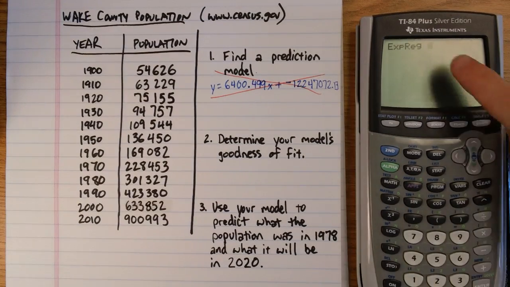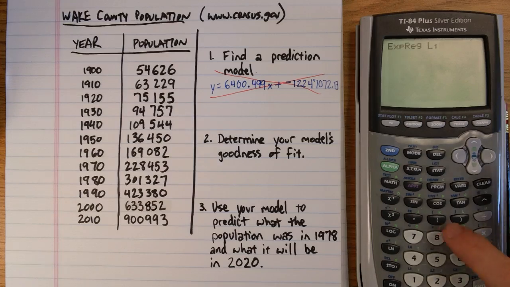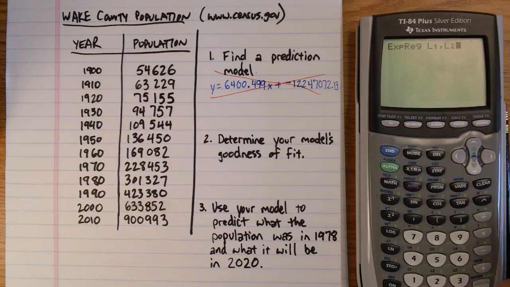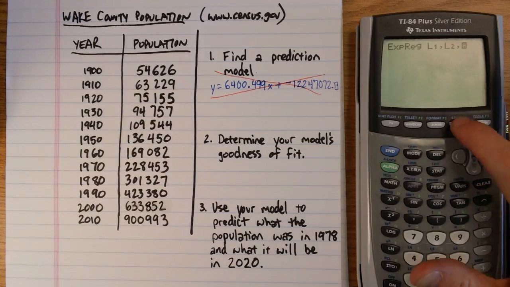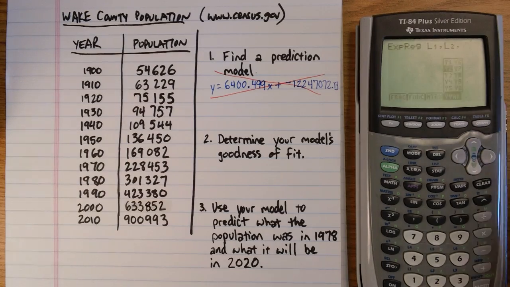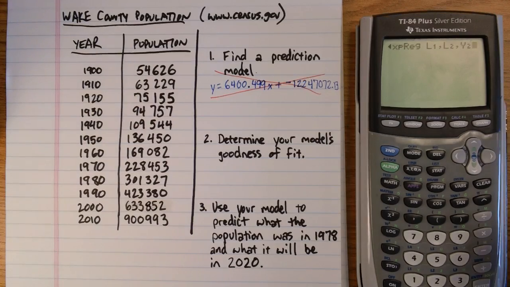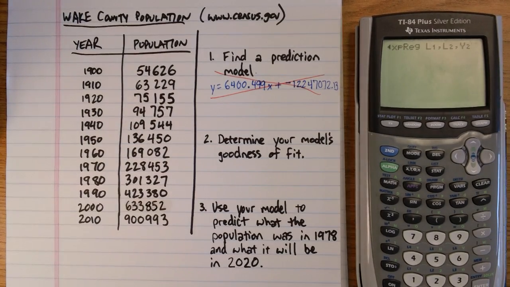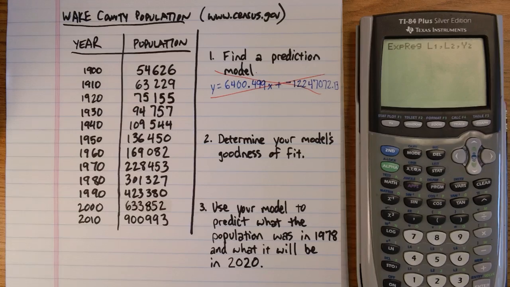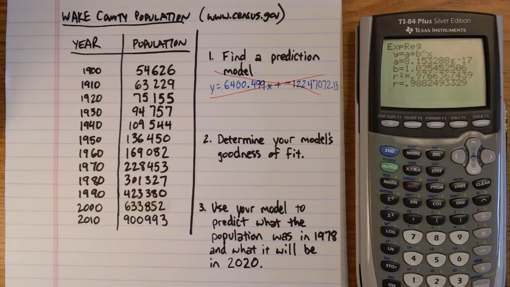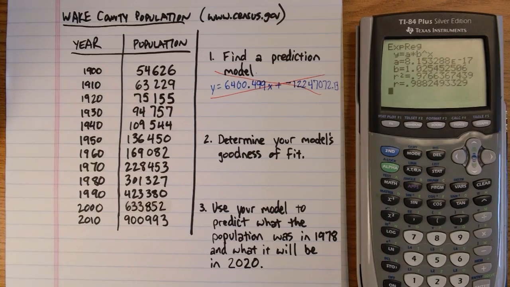So it comes back to the home screen. Again, we want to give it our X values, our Y values, and I'm going to tell it to put that function into Y2. I don't want to write over the linear function in case I want to come back to it for some reason later. Okay, press enter. And it gives me a new exponential function here.